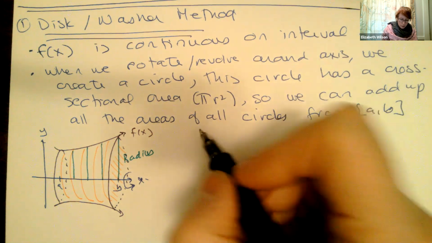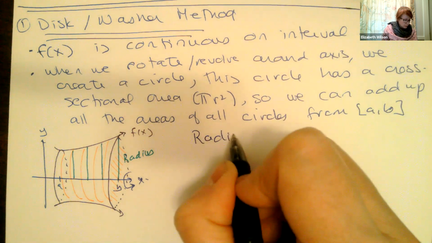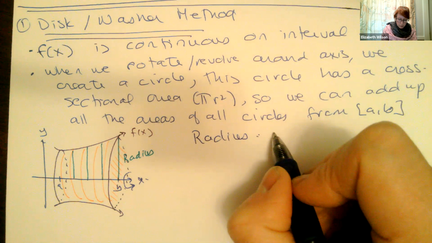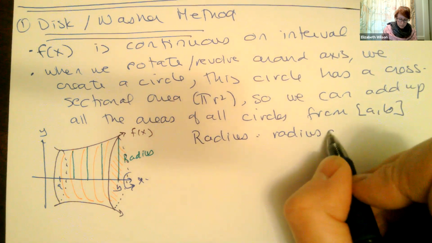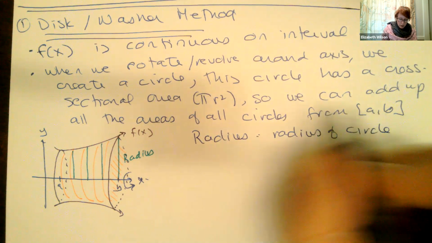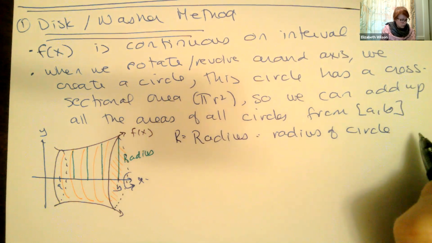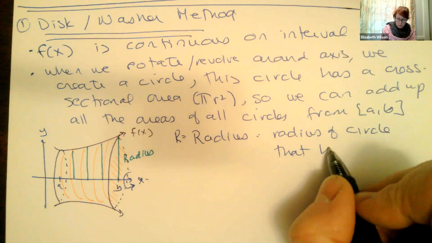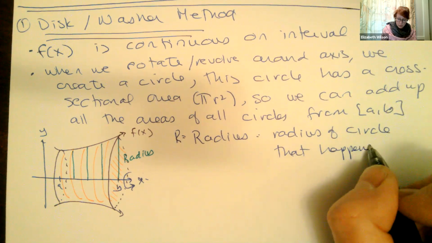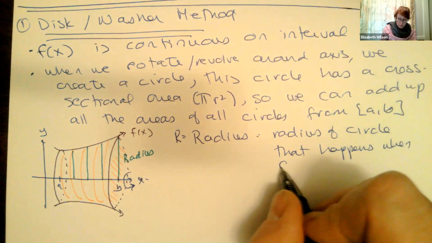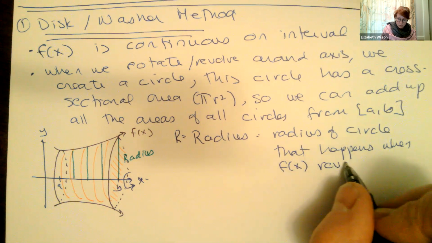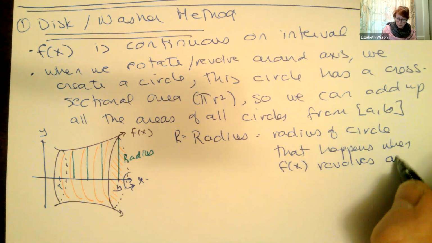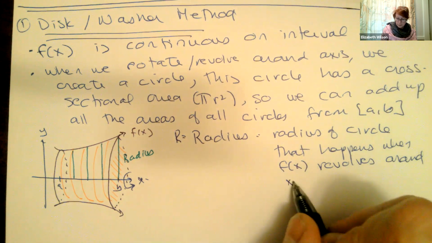So let's write down: r equals the radius of the circle that happens when f of x revolves or rotates around our x-axis.